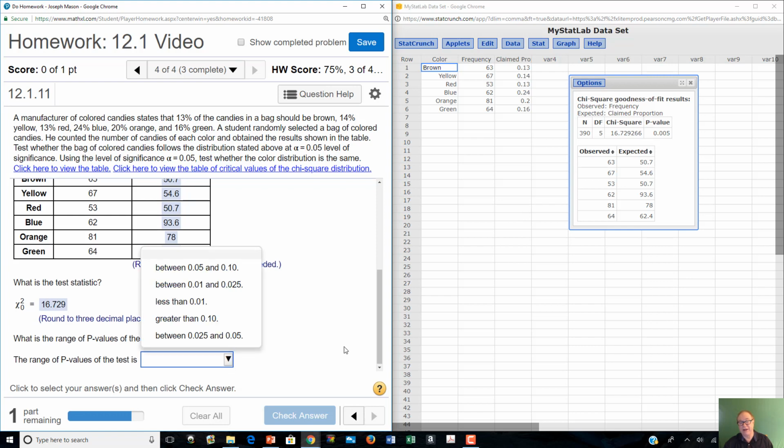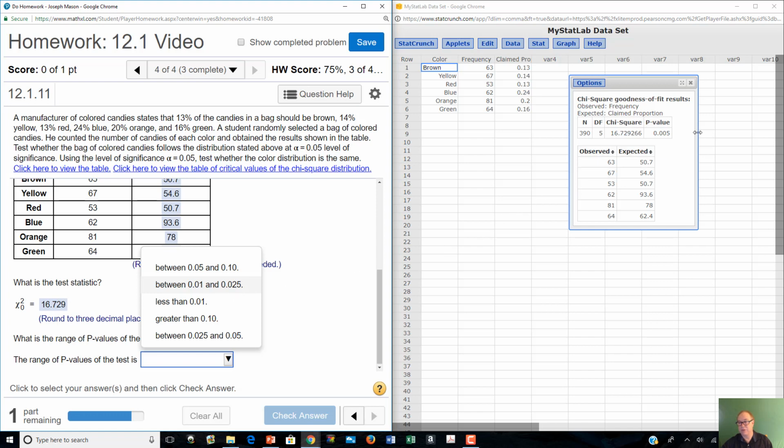Again, they give us 5 things to choose from. So we have to decide which one of these it would be in. Since this over here is 3 decimal places, we should make all of this 3 decimal places. So if we make the first one 3, this would be 50, and this would be 100. So it's not between 50 and 100. This would be 10 and this would be 25.